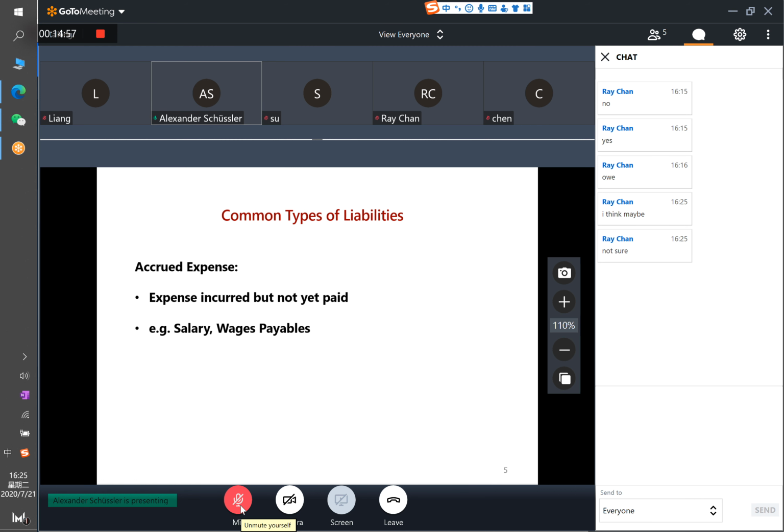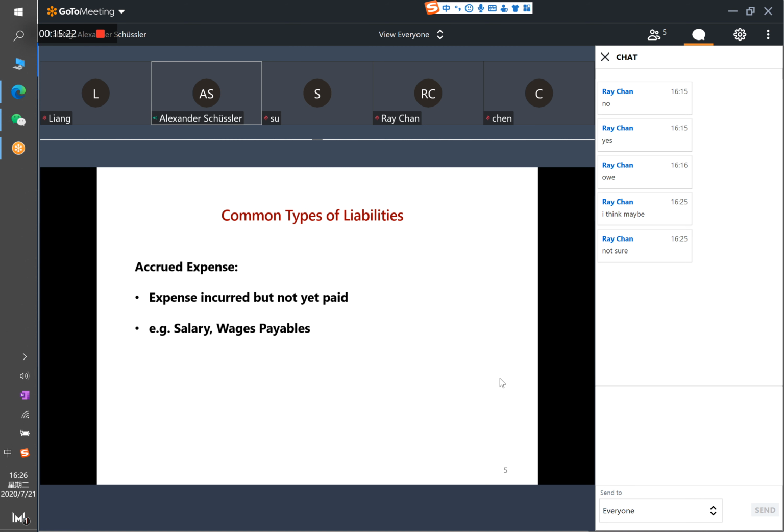Then we have accrued expenses. Accrued expenses are expenses incurred but not yet paid. These are also called accrued liabilities, and they are usually short-term liabilities. There are different subcategories, for example, accrued salary or accrued wages, especially for service firms.